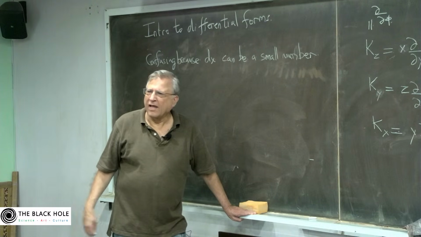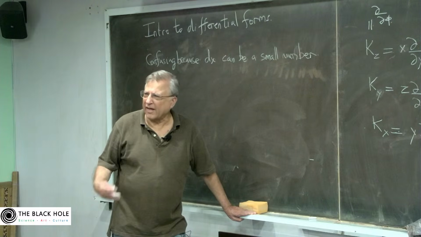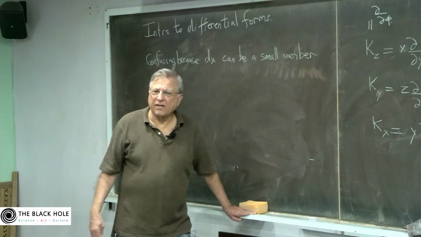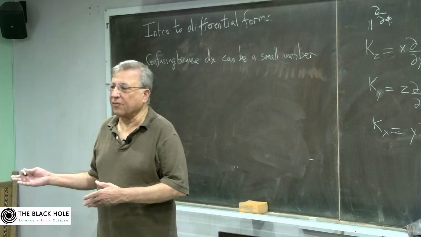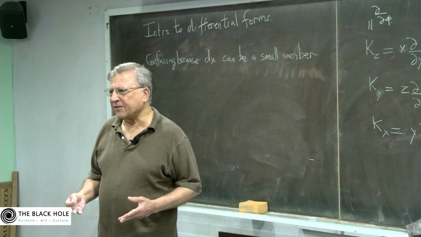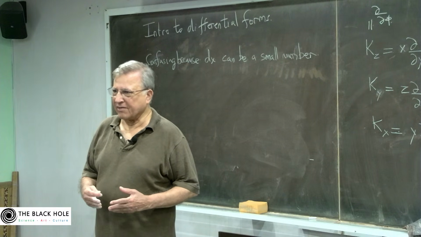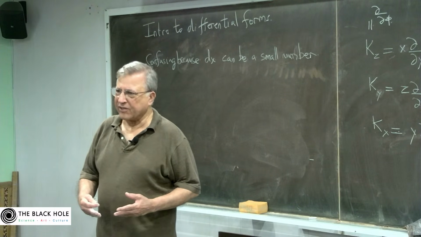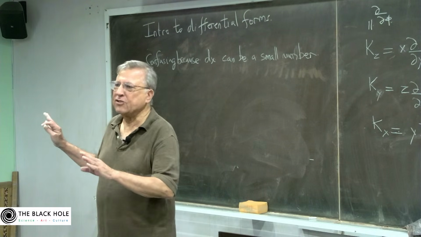That means you can add numbers together, you can multiply by some other number, you could say this forms a linear vector space. But then when it comes to multiplication, you want numbers to commute. You want dx into dy to be the same as dy into dx. So one use of dx is as a small number.